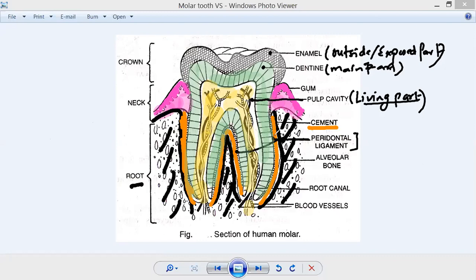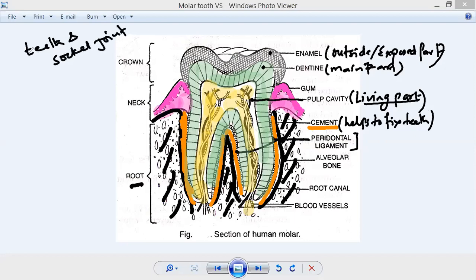Understand? Now, this periodontal ligament is around the teeth, and cement helps to fix the teeth. So the joint between teeth and socket: see, this is like bone. Socket is a bone. Teeth is like bone.